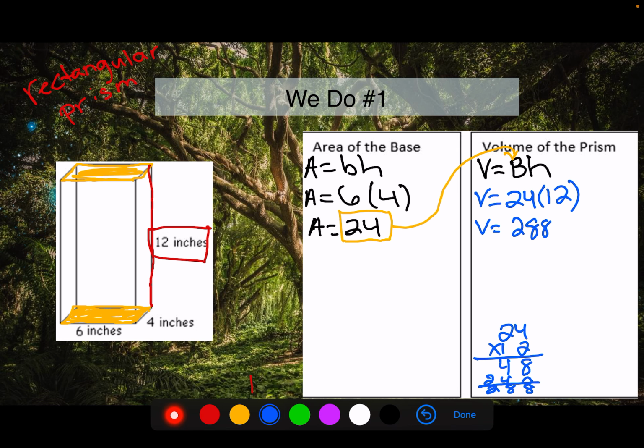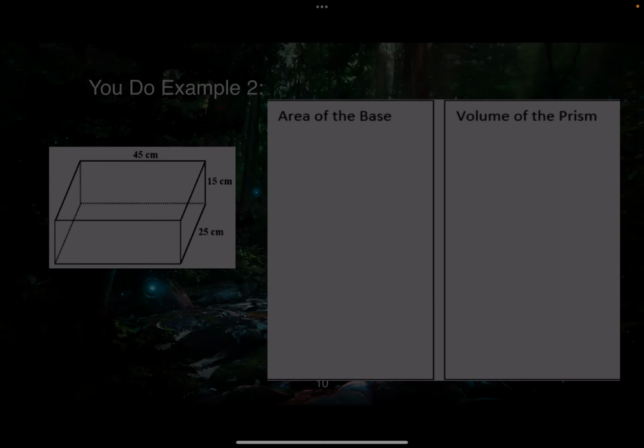So the volume of this shape would be 288 inches cubed, because volume is cubed. You know how area was squared, volume is cubed.